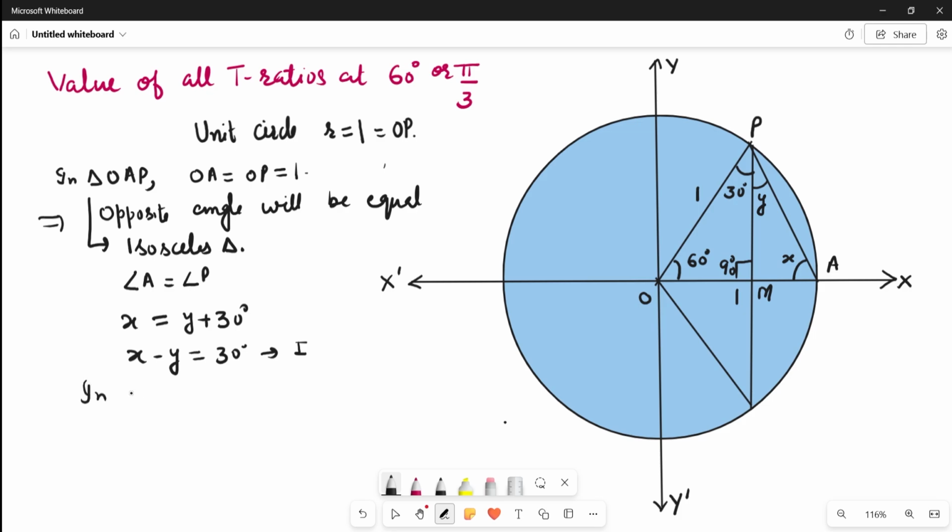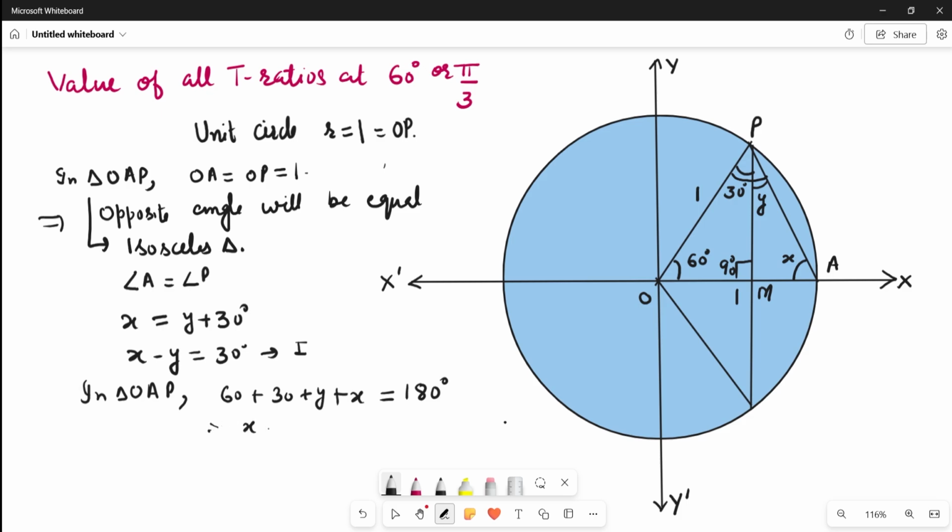In triangle OAP also, we can see the sum of angles is 180, means 60 degree plus 30 plus Y is this total angle, and this angle and X plus X is equal to 180 degree.